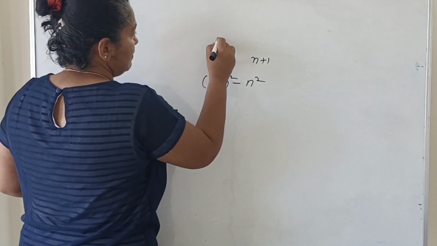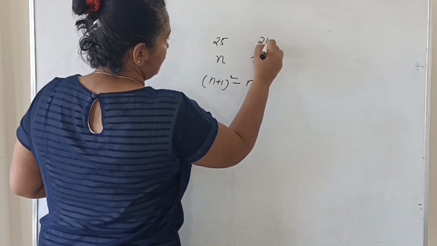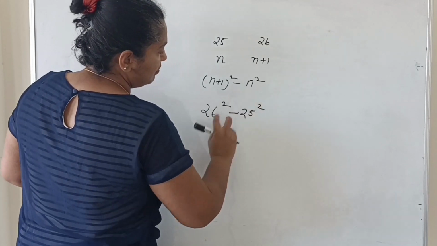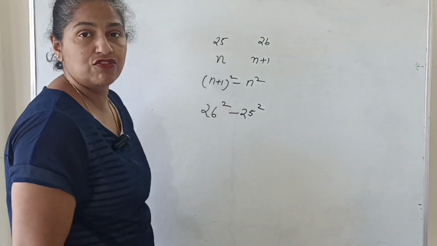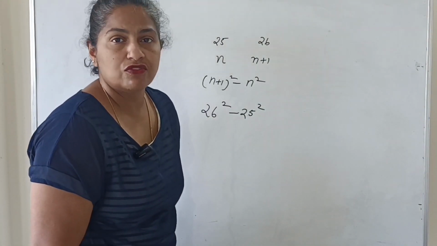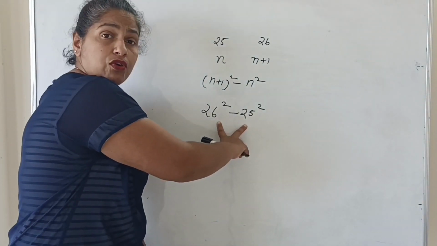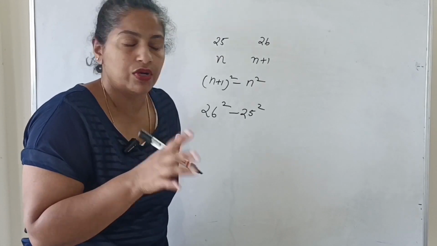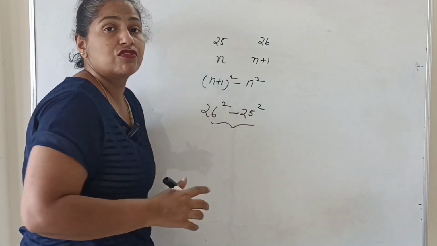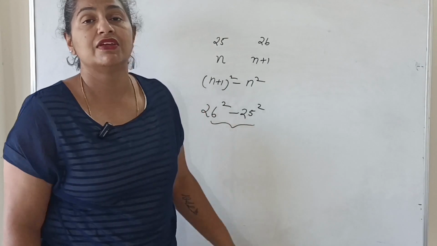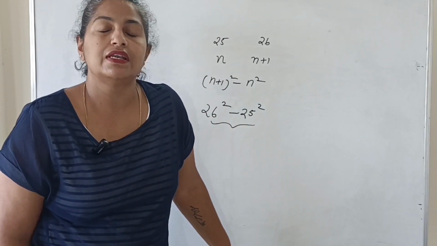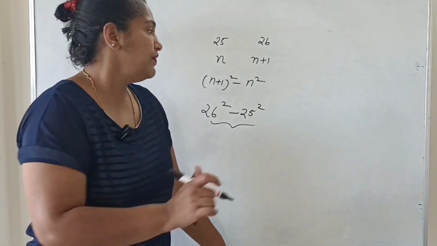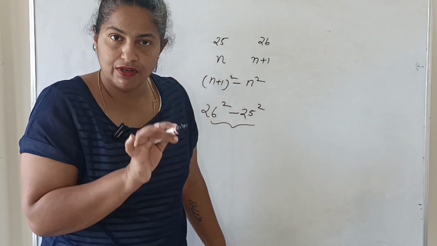If this number is 25 and this number is 26, how many numbers are there in between these two numbers? They are not squares, right? These are two consecutive squares, so in between them there are no square numbers anymore. So how many non-perfect square numbers are there between 26 square and 25 square? This particular property is what we are going to learn now.